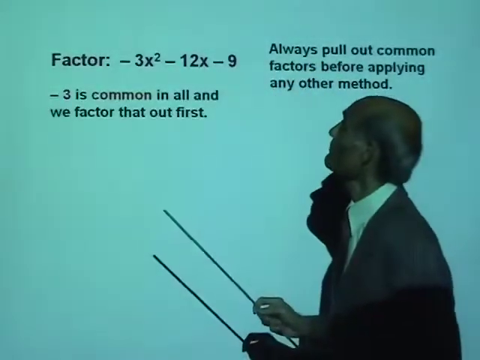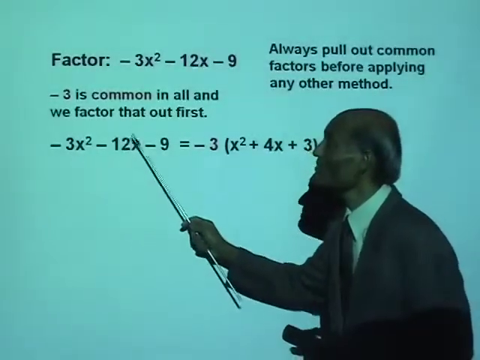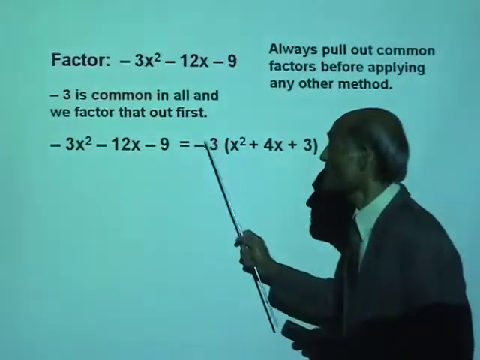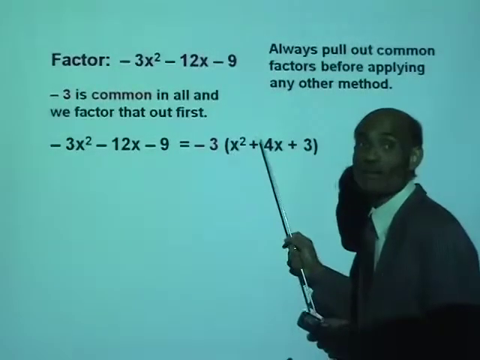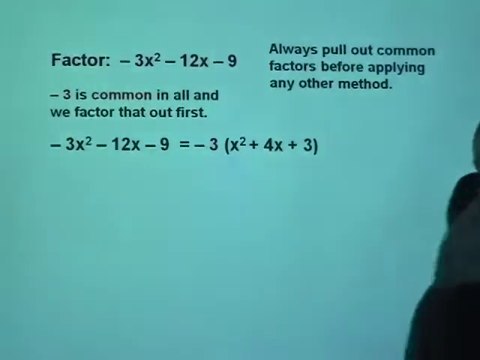How does it look? We can now write this as negative 3x squared minus 12x minus 9 is the same as negative 3 times x squared plus 4x plus 3. I hope you understand that.